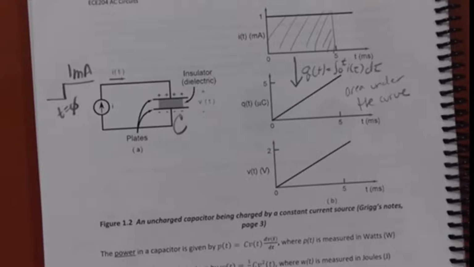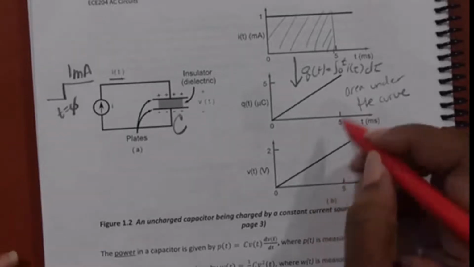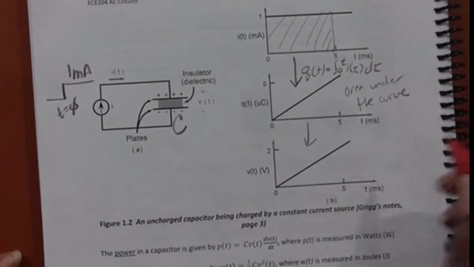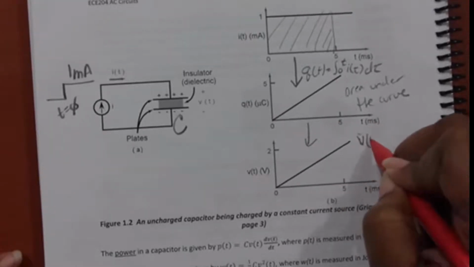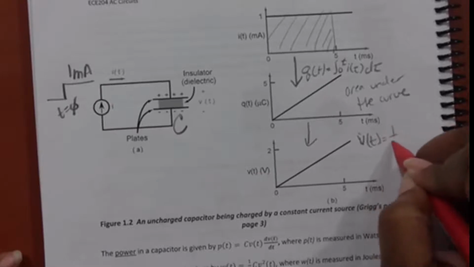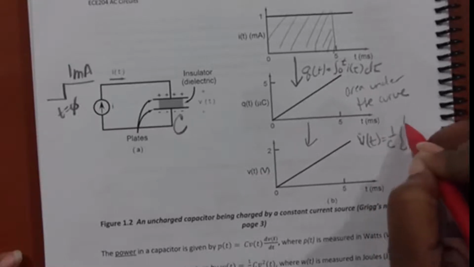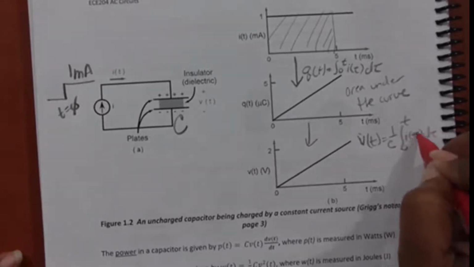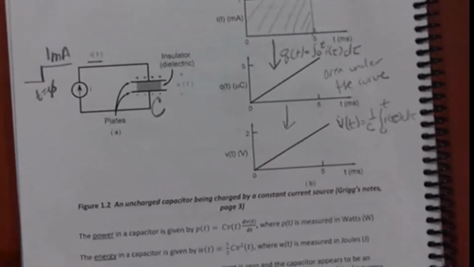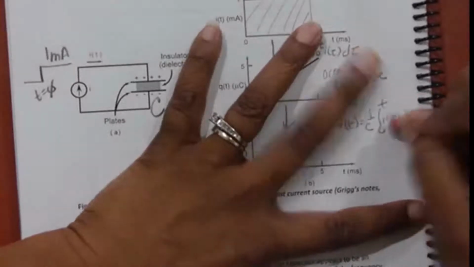Questions? The voltage to go from here to here is V(t) equals 1/C times the integral from 0 to t of i(tau) d tau.